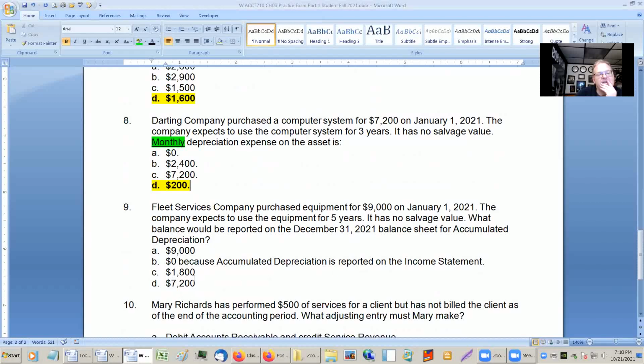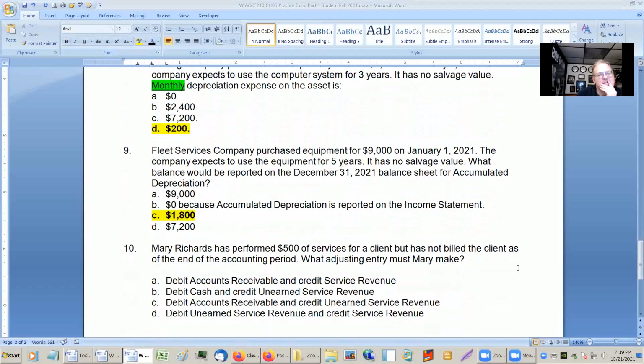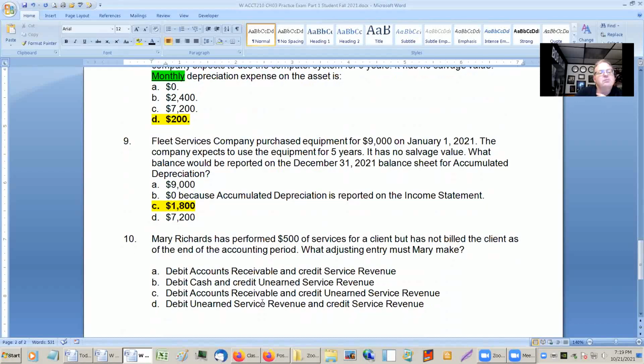Nine is C. This is one of the more difficult ones, I thought. Number 10.